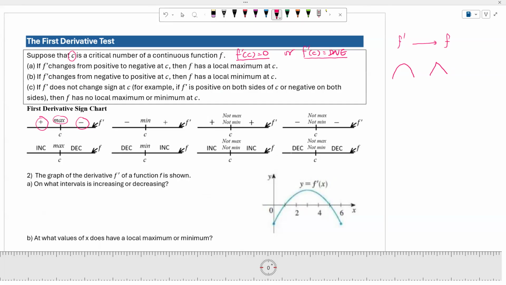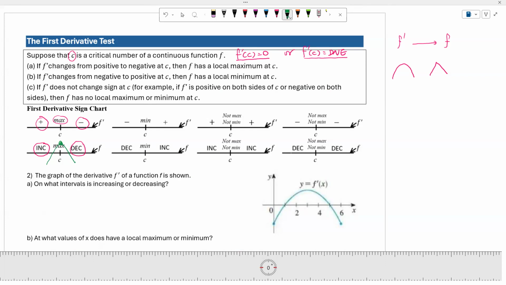Based on the increasing/decreasing test, when f prime is positive the function is increasing, and when f prime is negative the function is decreasing. So the function goes from increasing to decreasing, meaning at c you have a local maximum.